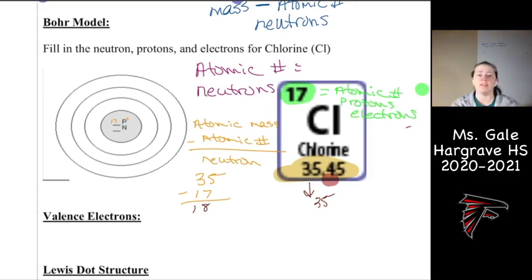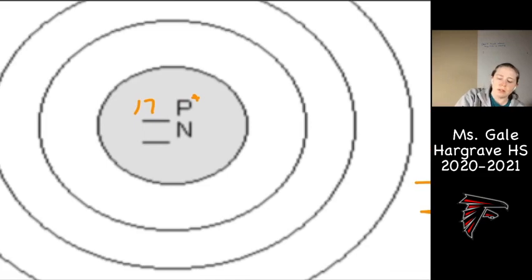And that is fine if the protons, not proteins, protons, are not equal to the neutrons. That is perfectly okay, and it's going to happen, because remember, neutrons do not have a charge. They're there to balance everything. So we have 18 neutrons.